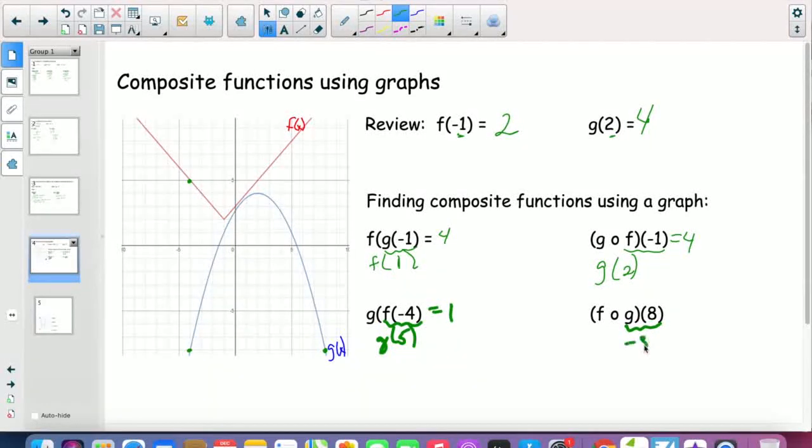So g of 8 is negative 8. So now we need to find f of negative 8. So I'm going to travel to the x value of negative 8 and go up to the f function. That is at 9. So f of negative 8 is 9. So the answer to this problem, f of g of 8, is equal to 9.